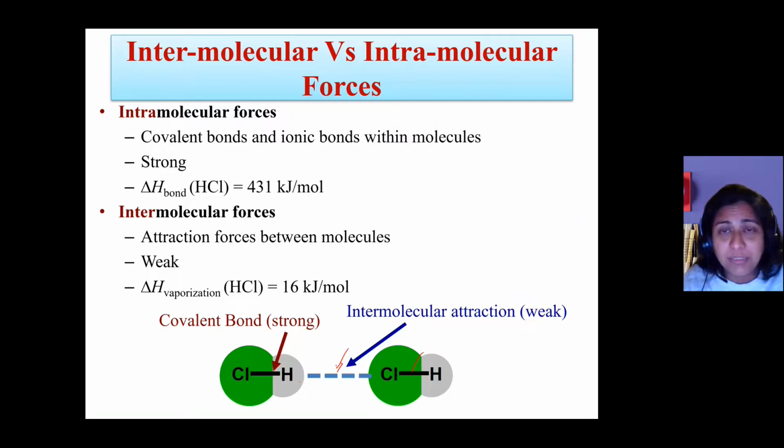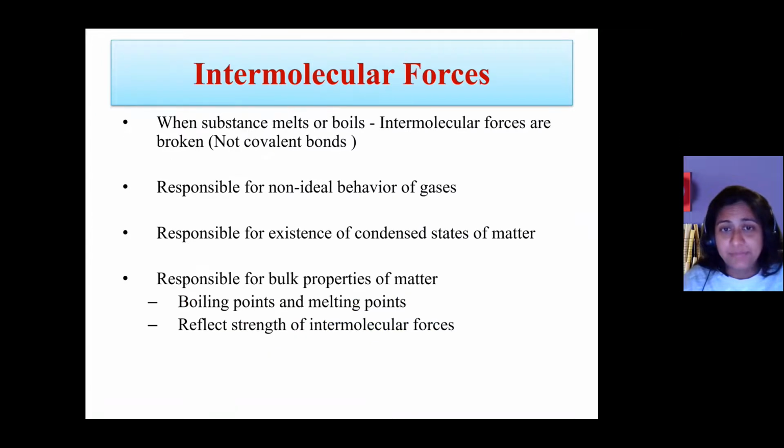You will ask me, why did you use the heat of vaporization just to indicate the strength of an intermolecular force? Because the intermolecular forces are responsible for the phase changes.